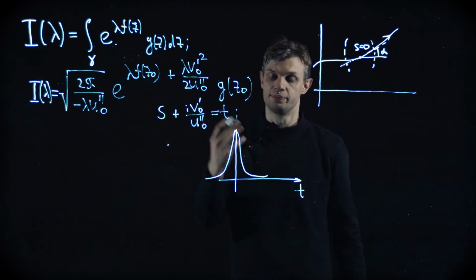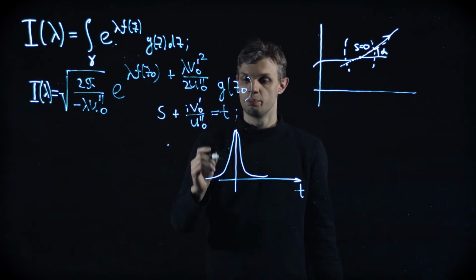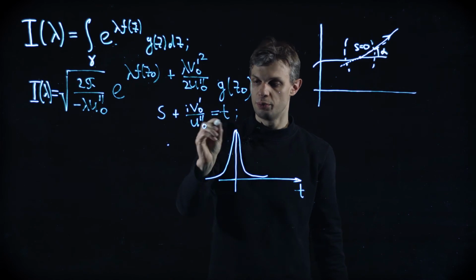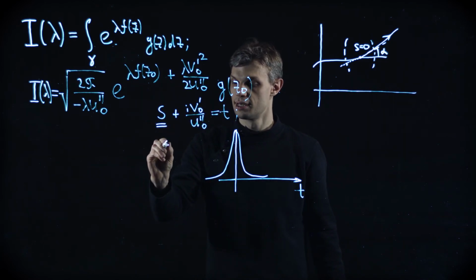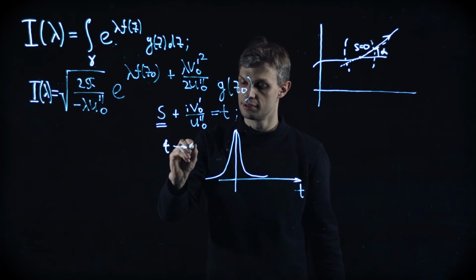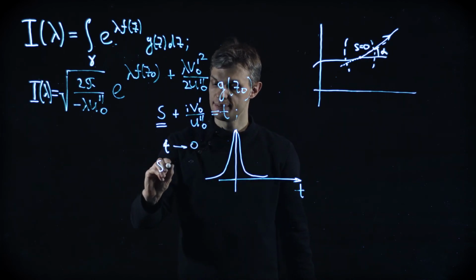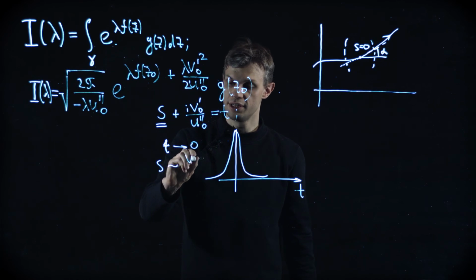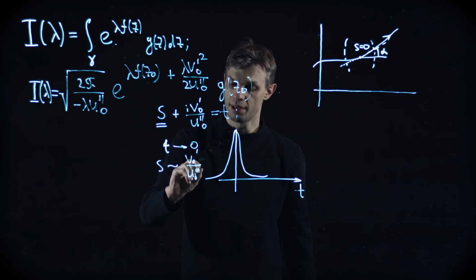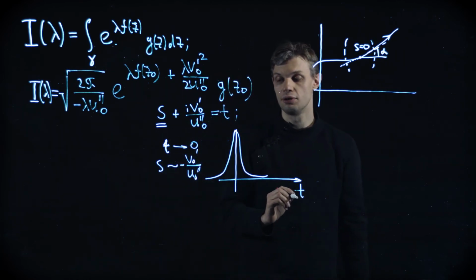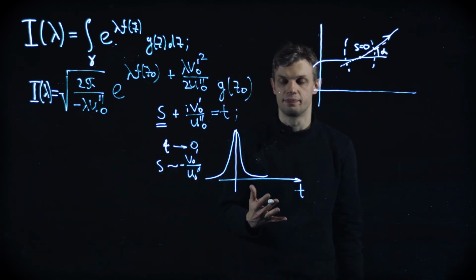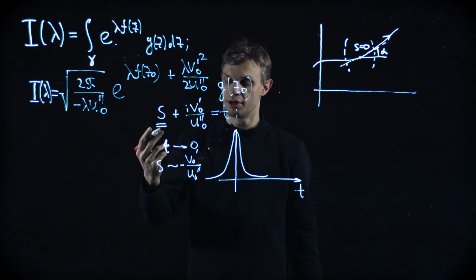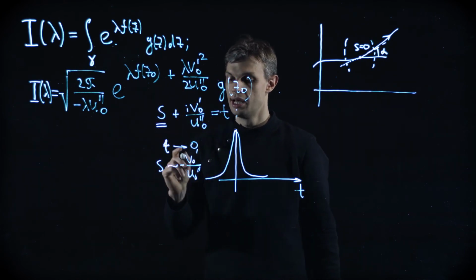That's the reason why we made this approximation. So t was assumed to be small when we integrated, but if t is small, then s is large. If t tends to 0, s becomes of the order of v prime naught over u prime prime naught. So it's no longer small, and that's a problem. So actually, this is a mistake in our computation. We can't do things like that.